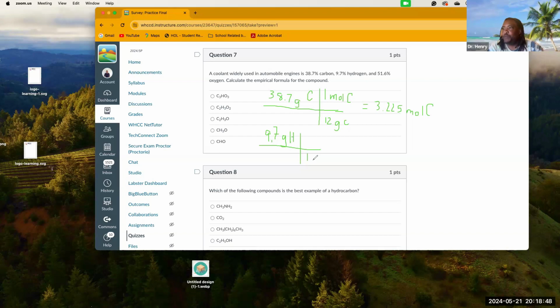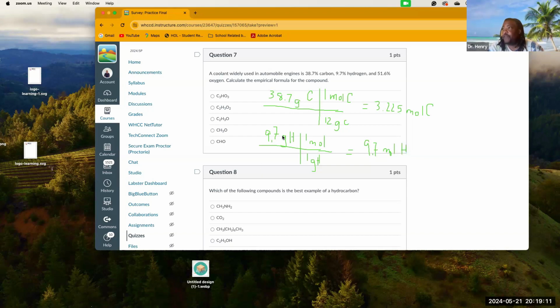Okay, so that's 1 gram of hydrogen, 1 mole. Then that one's going to be 9.7 moles of hydrogen.